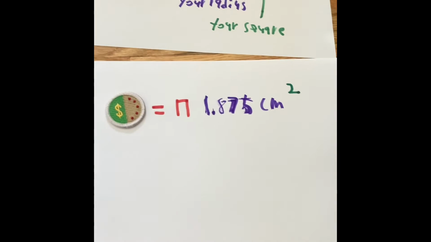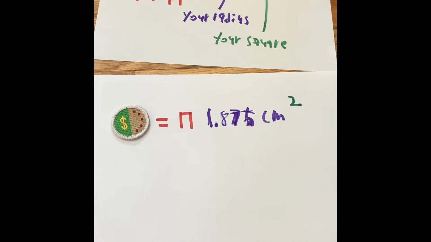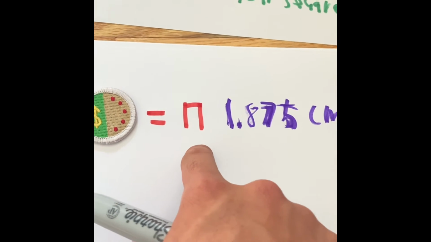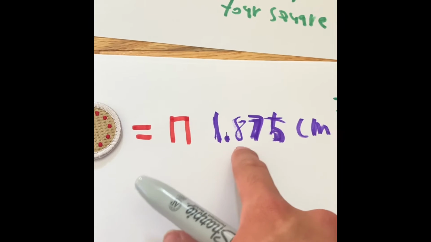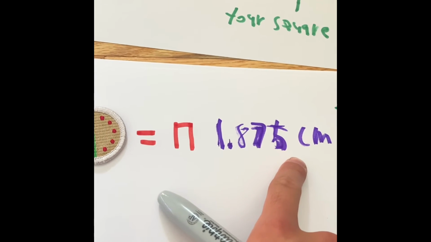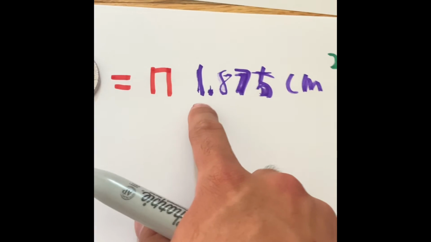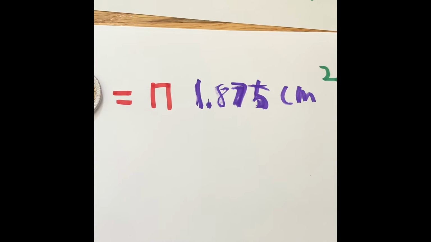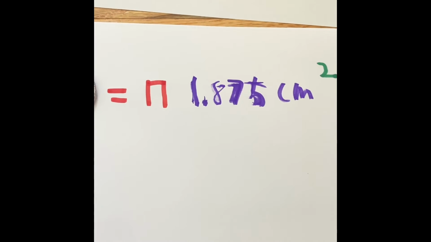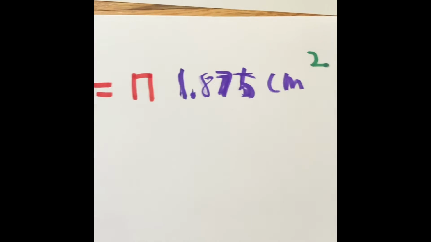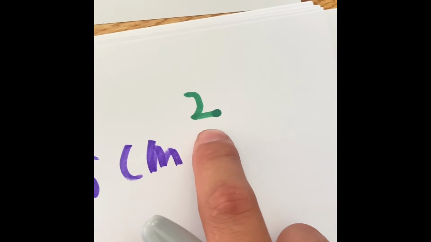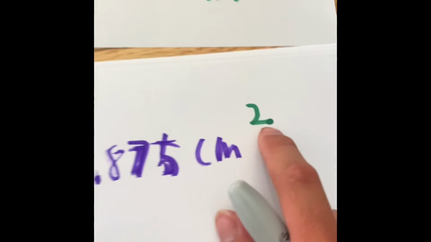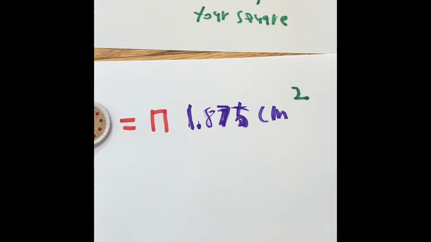Let's start the math. The first thing you might be thinking is we have to multiply pi by 1.875. If you do this step, it's actually going to make the answer incorrect and inaccurate. The reason why is we have a square there. And when we have an exponent, we use order of operations.